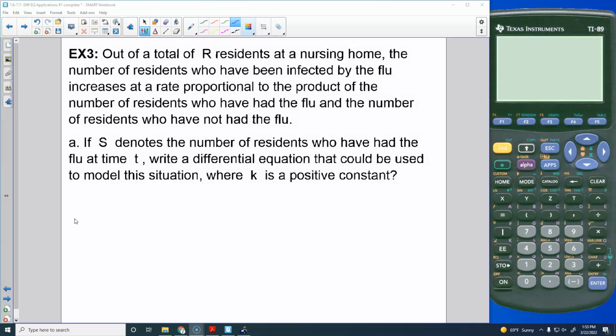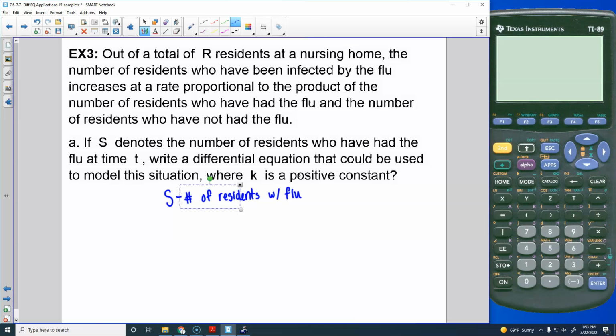All right, so let's label our variables. So what does S stand for? Number of residents. I think I should be able to fit it here without extending the page. I'm going to just put with flu, or who have had the flu.